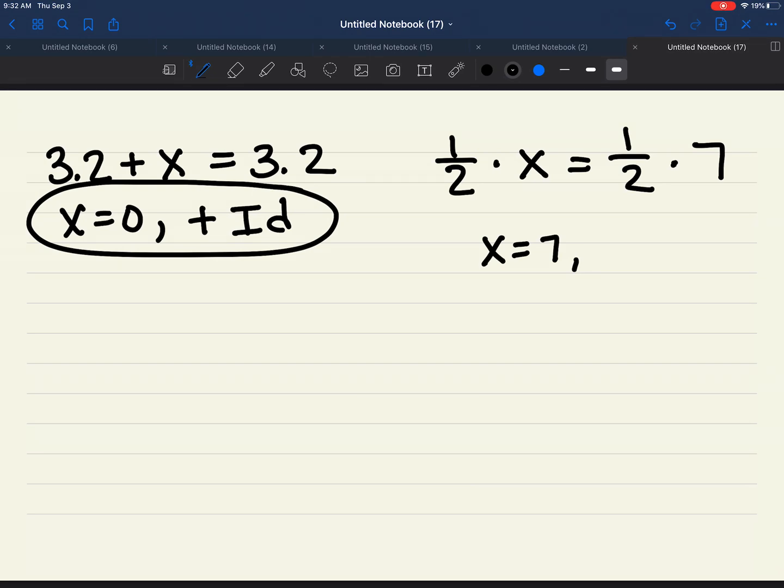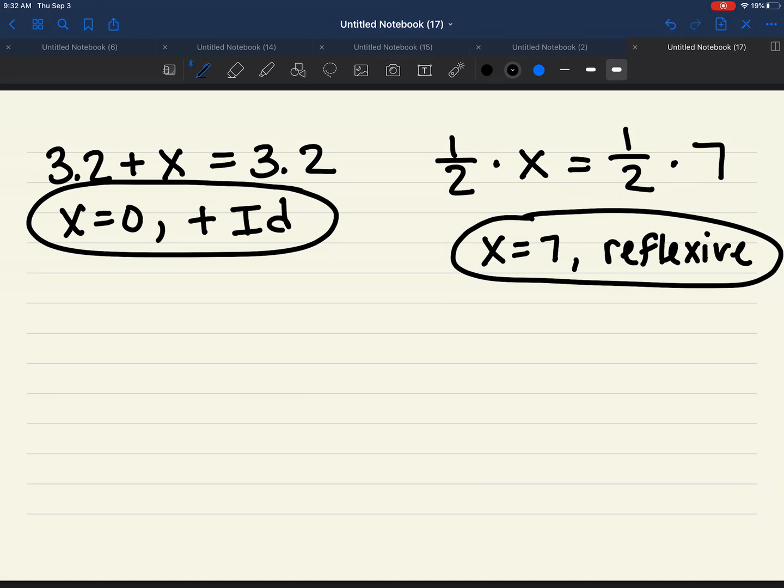If it was multiplicative inverse, it'd be 1/2 times 1/7. Substitution? No, because substitution would have had to already have told you x was equal to 7. Reflexive. Reflexive was the first one we talked about, right? Reflexive property just says if you have one side, it's equal to the other, okay? So if nothing changes, we're looking for reflexive property.